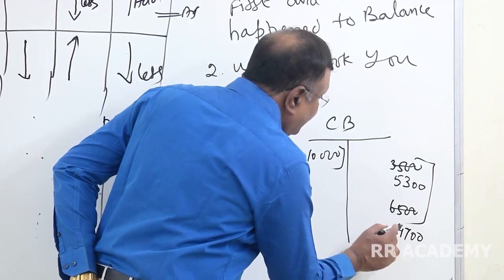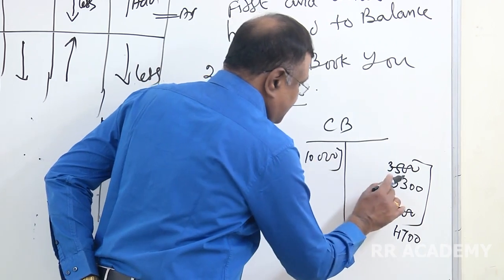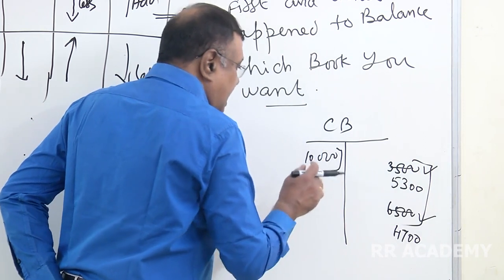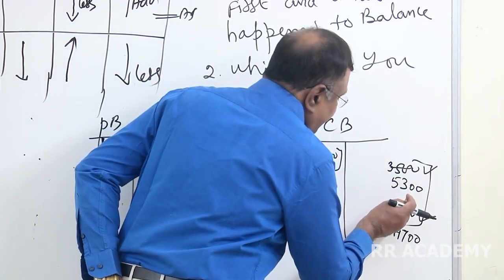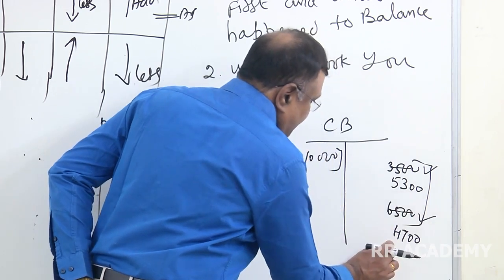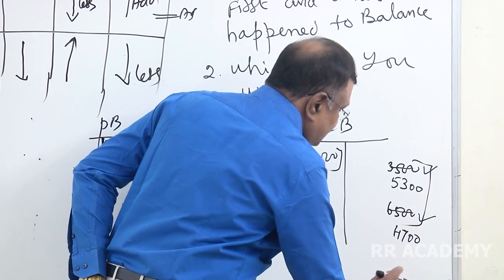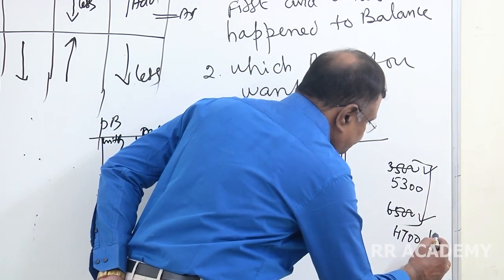Now, what happened to the balance? 10,000 minus 3,500 is 6,500. This is original. But the accountant has wrongly written 5,300. So, what will happen to the balance? Less. How much less? 1,800. Correct?